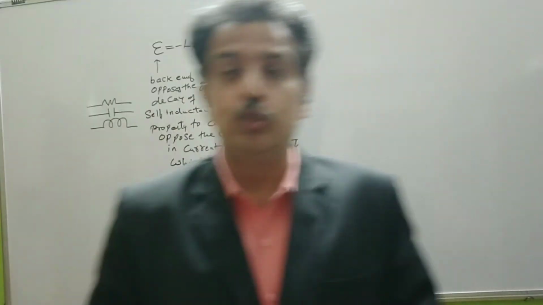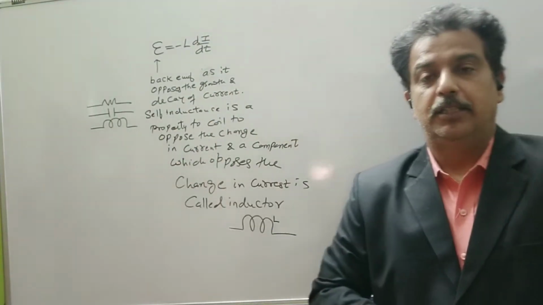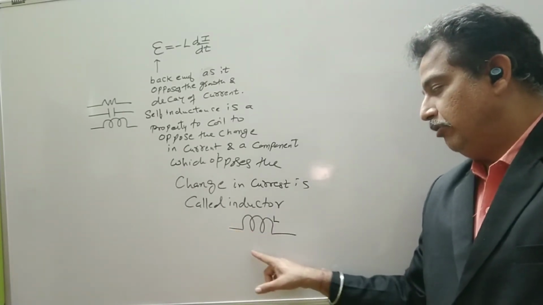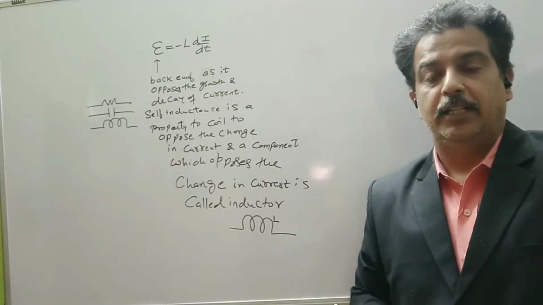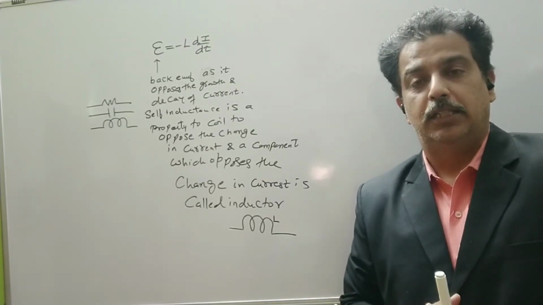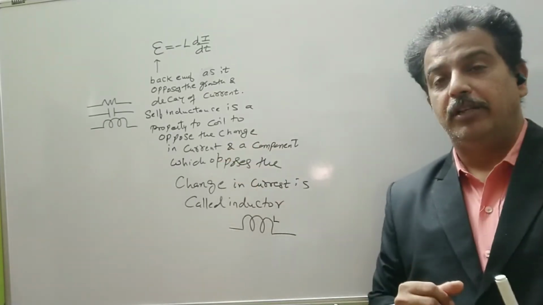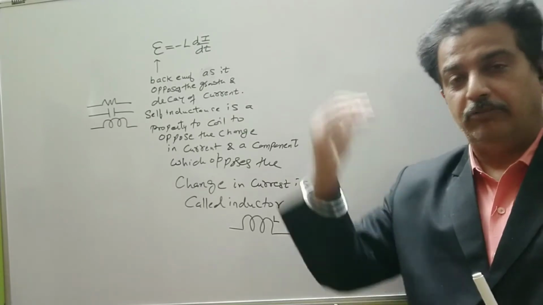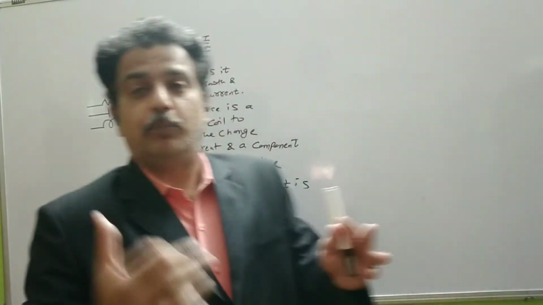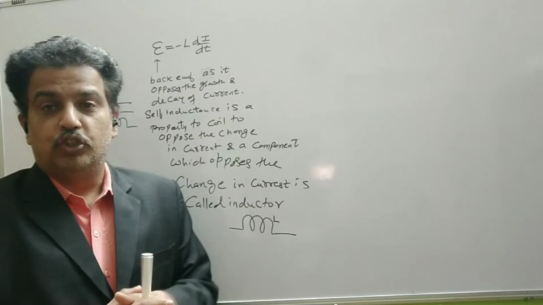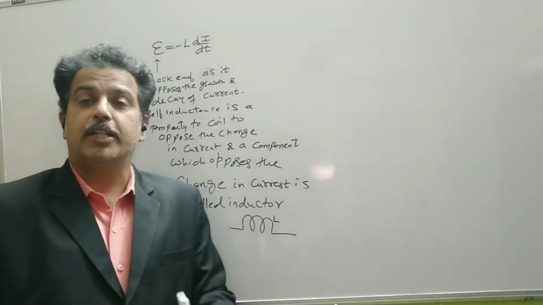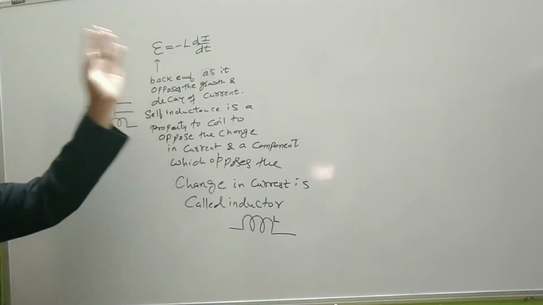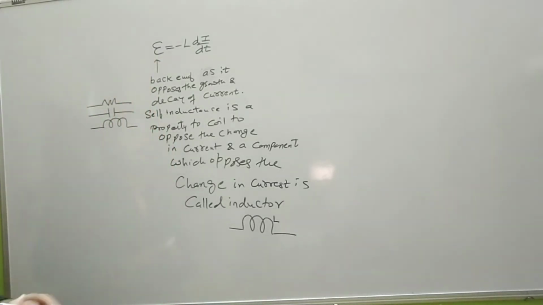Now if I want to establish the current in the coil, so if I connect this inductor with a variable current, then I need to do the work against the back EMF, because when I try to increase the current, it opposes the increase, and when I try to decrease the current, it opposes the decrease in the current. So work is required to be done against the back EMF. This self-induced EMF is known as back EMF.